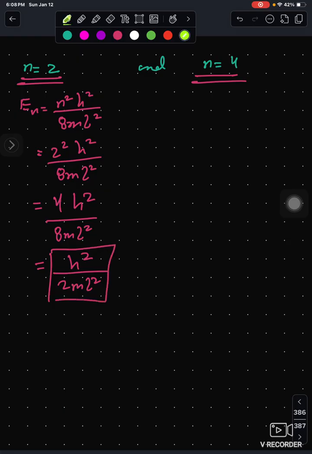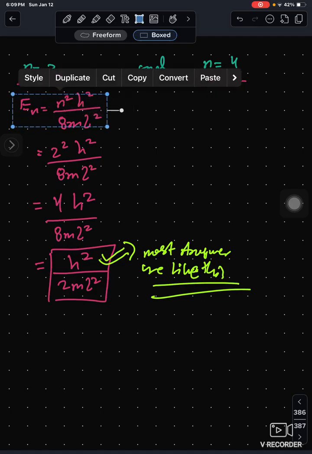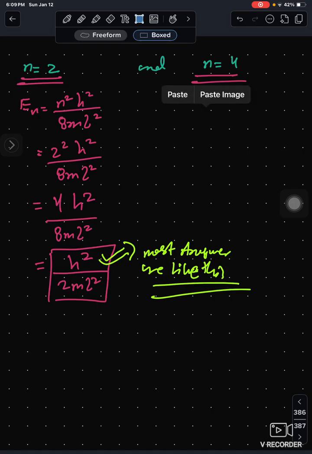In quantum mechanics, most of the question answers are given like this. Okay, now the second one over here is the same, we just have to make one change, and even now I think you're able to understand what I'm trying to do.